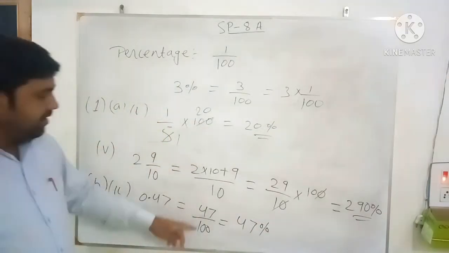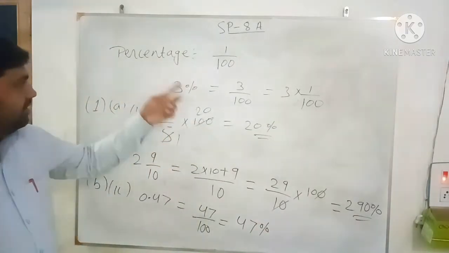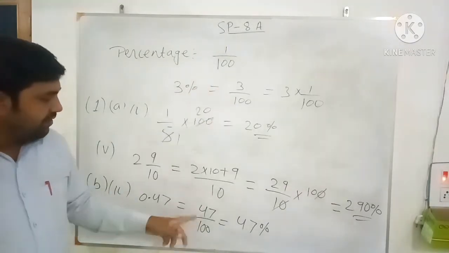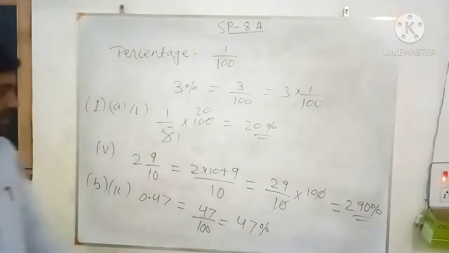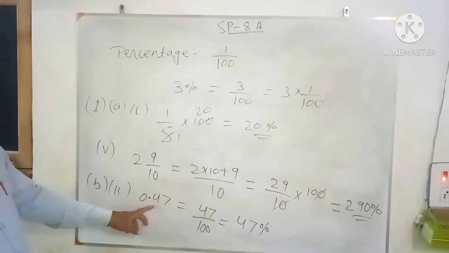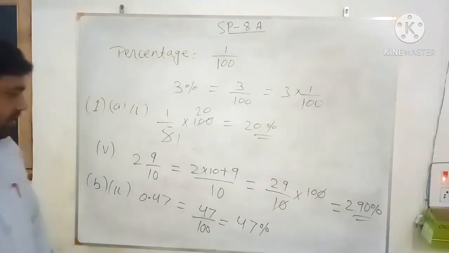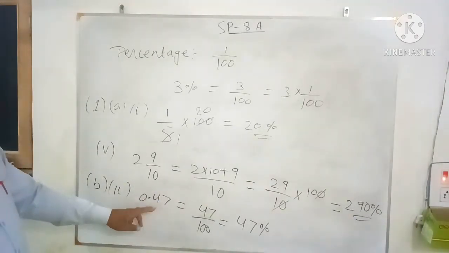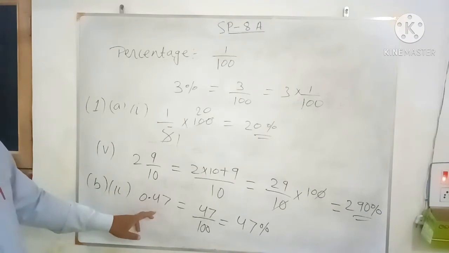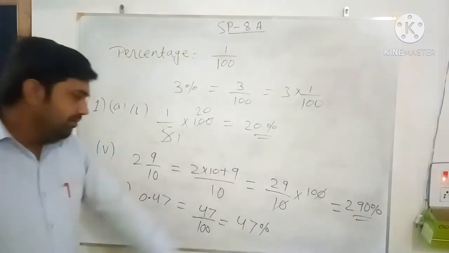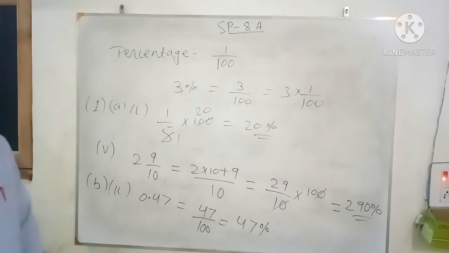See, 47 by 100, and by 100 means percent. 3% means 3 by 100, so 47 by 100 means 47%. So 0.47 can be written as 47%, or you can understand it as just multiplying the decimal by 100, and whatever value you get will be the percentage.